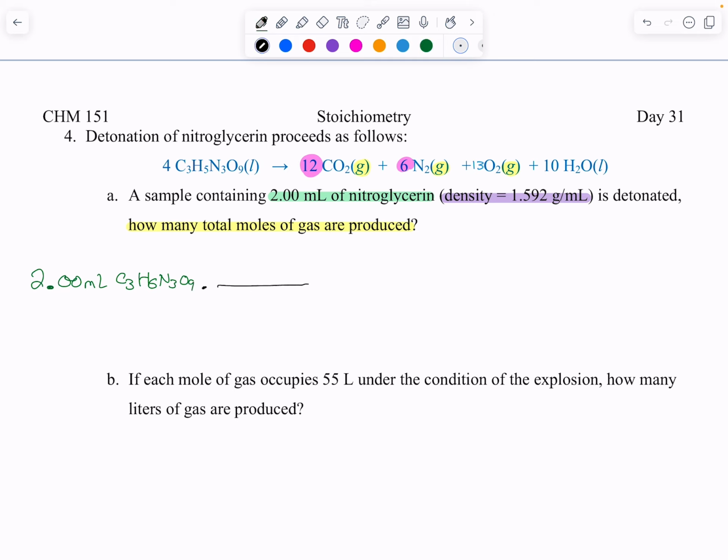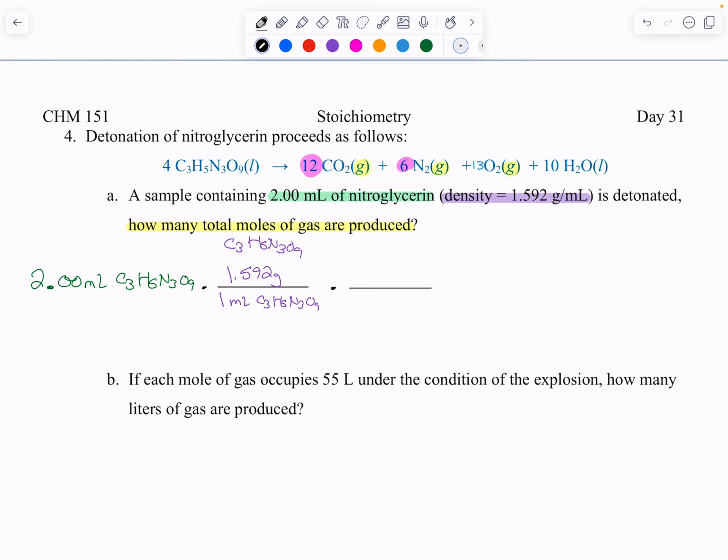All right. And so if we do this, we're going from milliliters to grams, and we can do that with the density. All right. 1 milliliter of C3H5N3O9 is 1.592 grams. And now we have the grams. We can go to molar mass.